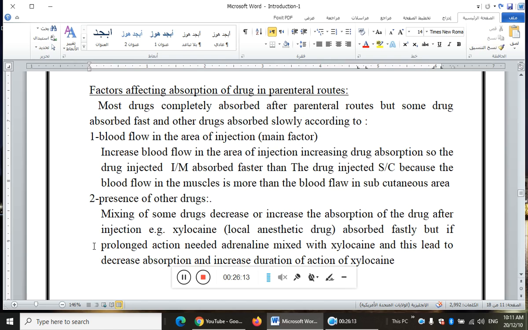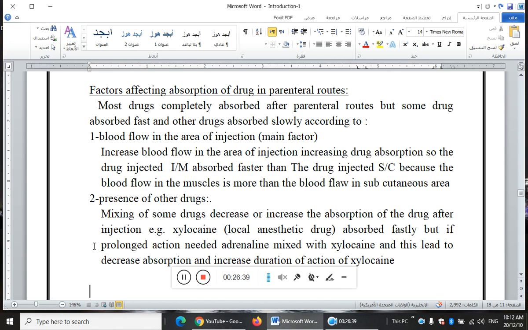Xylocaine is a local anesthetic used by dentists (أطباء الأسنان) to anesthetize the area of their work. But unfortunately, xylocaine is absorbed very fast, so the anesthesia will be short. So it is mixed with adrenaline.